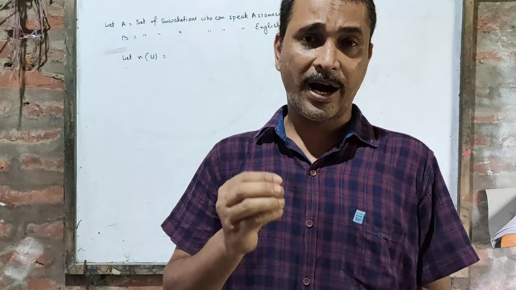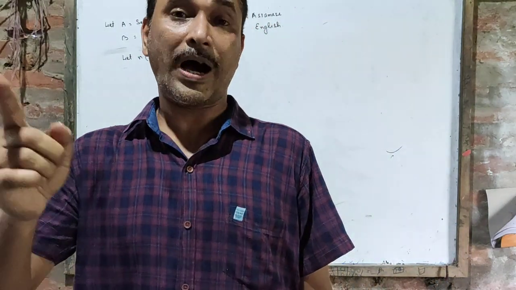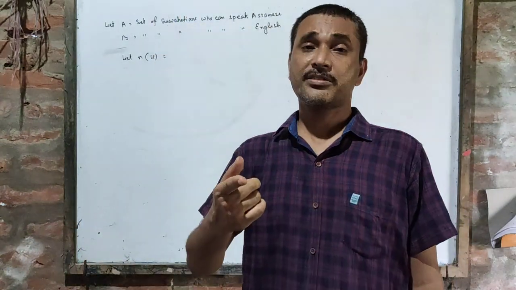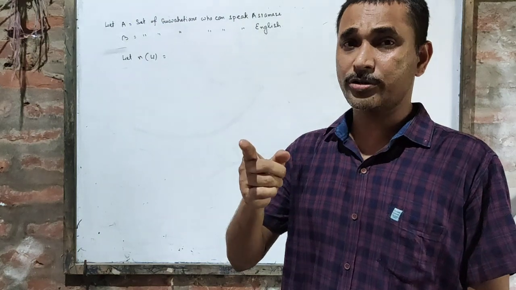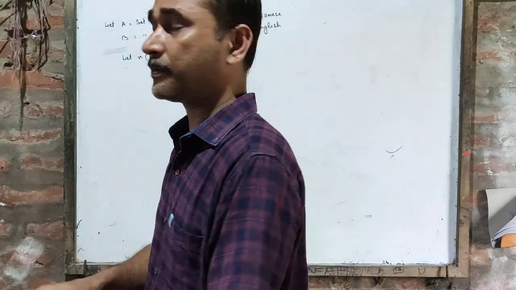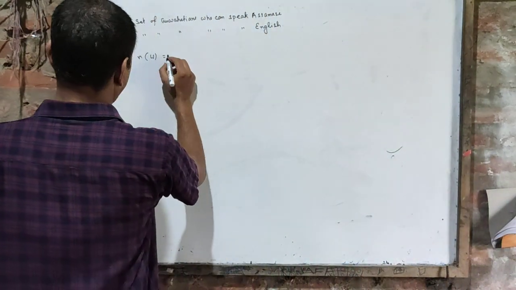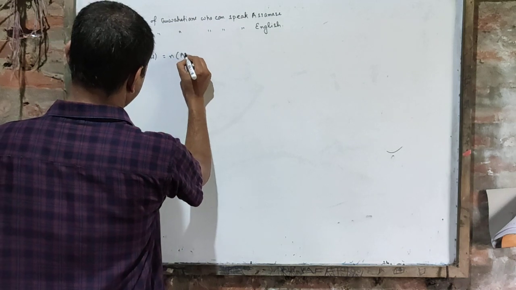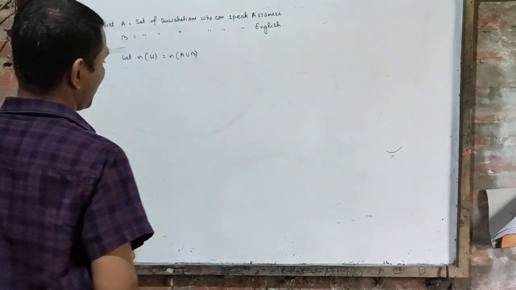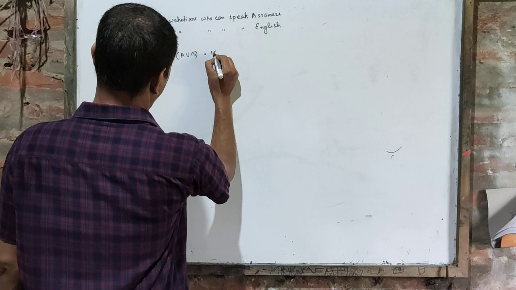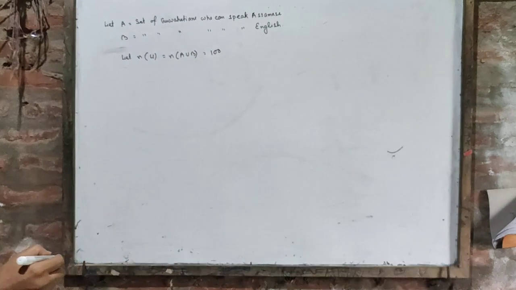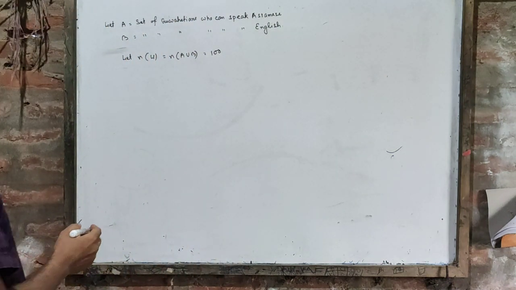So every Guwahatian can speak either Assamese or English. Either they belong to A or they belong to B, that means everyone belongs to A union B. So n of U is equal to 100. We are taking the total as 100.